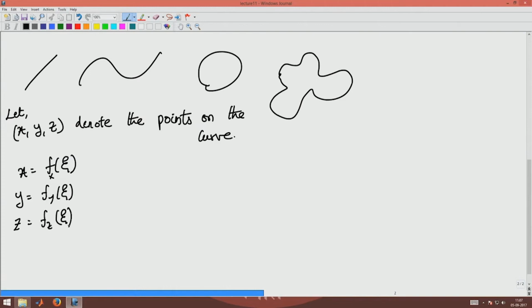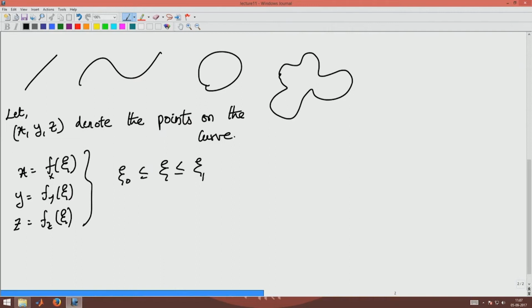That is, you can define just one parameter to say what are the coordinates of the points that lie on the curve. Psi is a variable which varies. Here psi can vary from psi 0 less than psi less than or equal to psi 1. So, psi varies from 0 to 1.